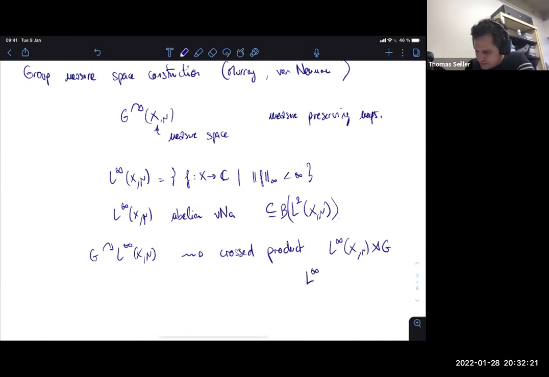And L infinity of X, mu still sits within this, right? So the group action actually gives you exactly what we had before, right? So it gives you N with a maximal abelian von Neumann subalgebra here. So the group action actually gives you what you were considering as a model of computation before, right?